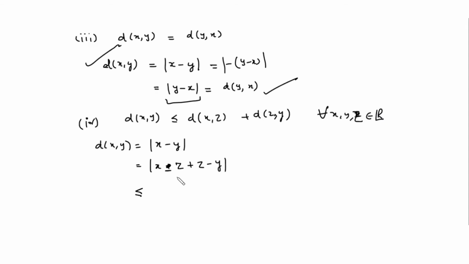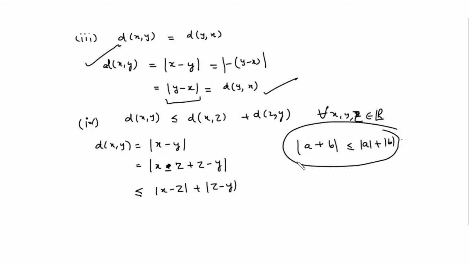Right? We know that in mod this holds: mod of a plus b will be less than or equal to mod of a plus mod of b. So we can apply this property and we get mod of x minus z plus mod of z minus y. Now what is this? This is nothing but d of x comma z.